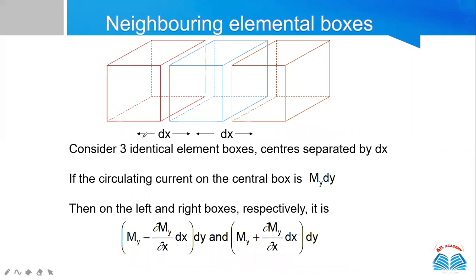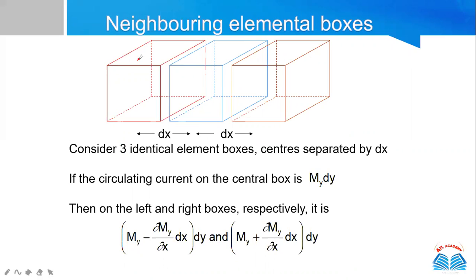If we have some neighboring elements, for example, we are using 3 boxes. There are 3 identical element boxes. Their centers are separated by some distance dx.